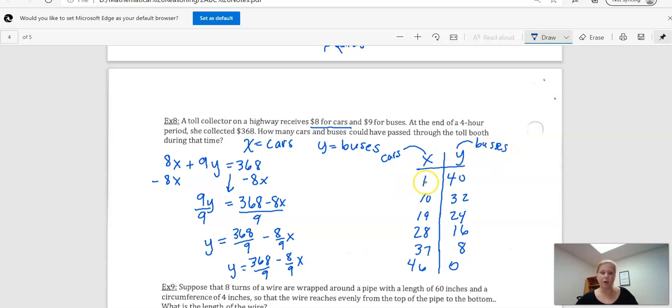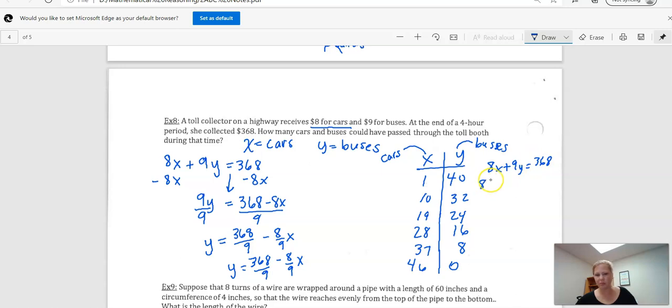And so if I have 1 car and 40 buses, that should work and give me this. I'm just going to test some of them. So this was our formula, 8x, because the cars were $8 a piece, the buses were $9 a piece, and we wanted 368.